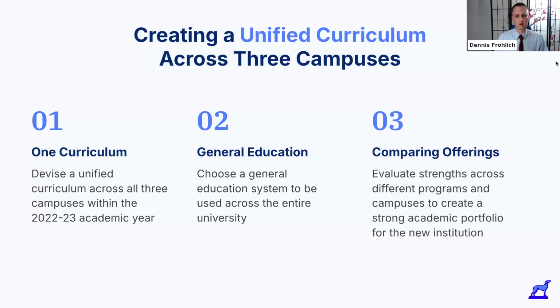That involved all sorts of meetings and conversations, faculty getting to know each other, administrators getting to know new departments and programs that were now under their purview, to figure out what were the strongest programs going forward and how to create an attractive program array that's going to keep encouraging students to enroll in our institution.